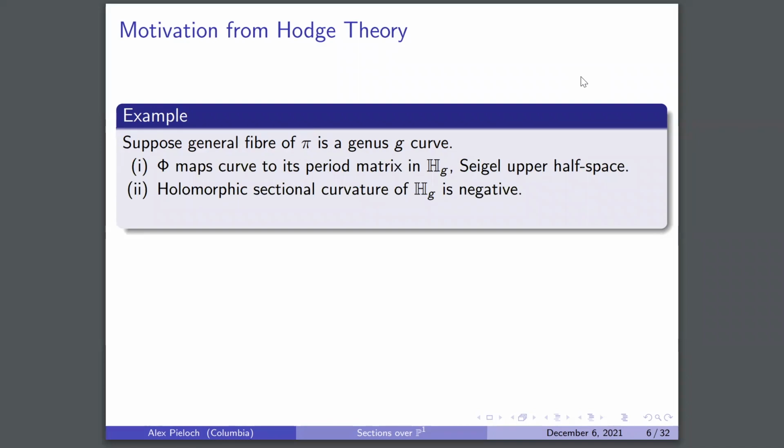The Siegel upper half space is actually just hyperbolic, so it has negative holomorphic sectional curvature. And so in particular, if you have any holomorphic map that goes from a non-negatively curved curve into this hyperbolic manifold, then it a priori has to be constant. So this is the proof of Griffith's result in this particular case where the fiber is a curve.